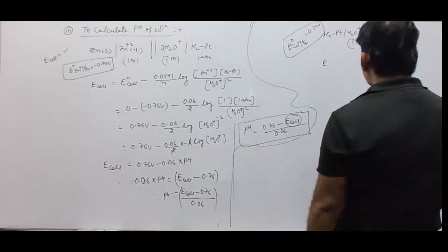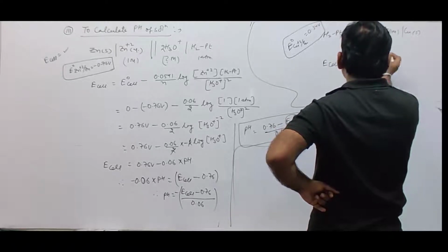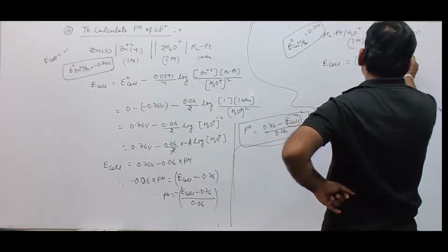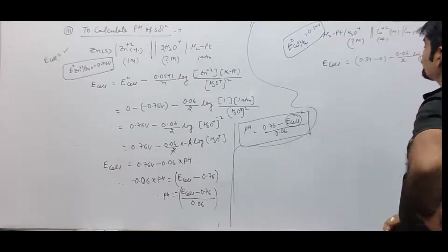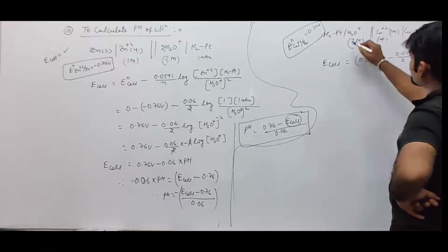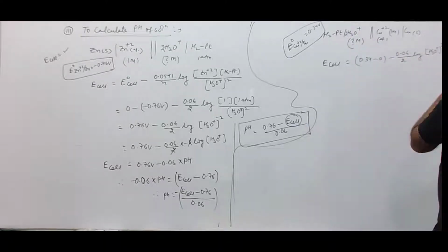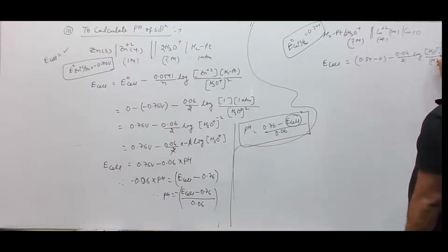That is given. So again we can calculate EMF of cell equal to E naught of cell, cathode minus anode. So cathode is 0.34 volt minus 0, minus 0.06 by 2 log base 10 of molar concentration of product by molar concentration of reactant. The product concentration is H3O+ power 2, divided by the molar concentration of copper 2+, that is 1 molar, 1 into 1.